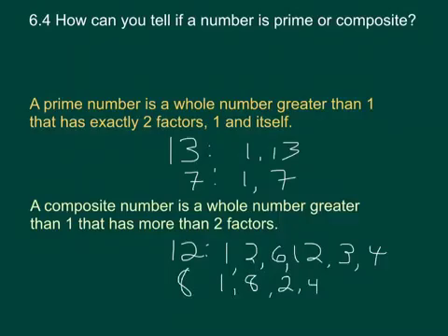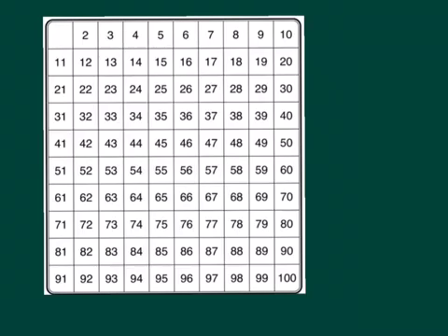Okay, get your math binders out, because we are going to use them to help us find all the prime numbers under 100. Okay, you need to be in lesson 2, chapter 6 of your math binder. Excuse me, and I believe the second page of your math binder has this chart on it.